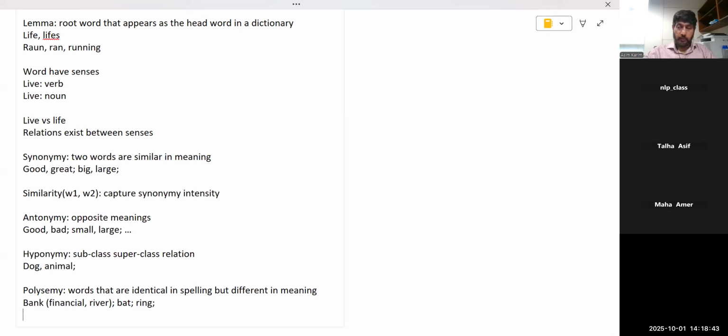So for example, I played cricket with a bat. So how do you know that this bat refers to the bat that is used to play cricket? Because you look at the context in which it is used. Similarly, a bank. So I went to a bank to draw some money.